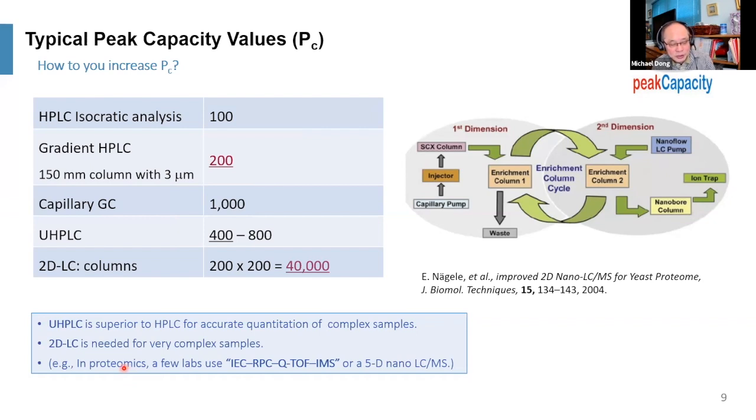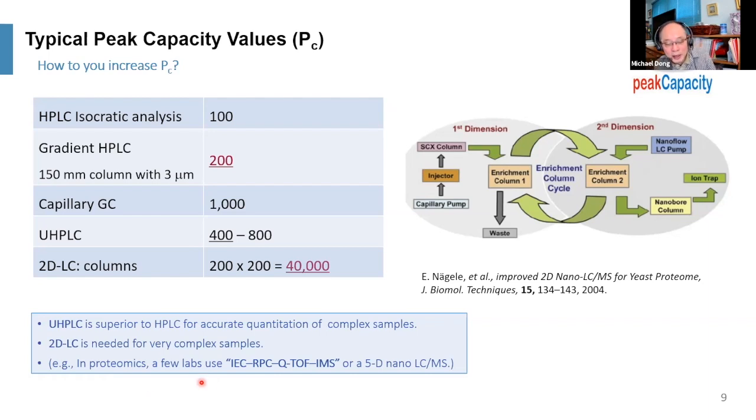So a lot of people are interested in proteomics, but it's a complex problem, right? You have 100,000 proteins which are coded by your genome. And there are also other proteins. There's actually a much greater number of proteins. They are minor proteins. So it's a very complex sample.